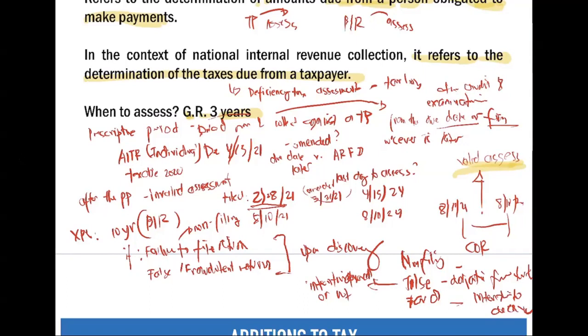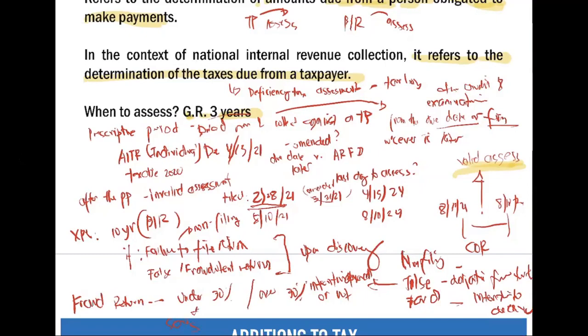Fraudulent return, there is an intention to deceive. The question is, when can we say that there is a fraudulent return? There is a fraudulent return if there is an understatement of 30% or overstatement of 30%. Sir, what is understated? Generally, what is understated is the sales.